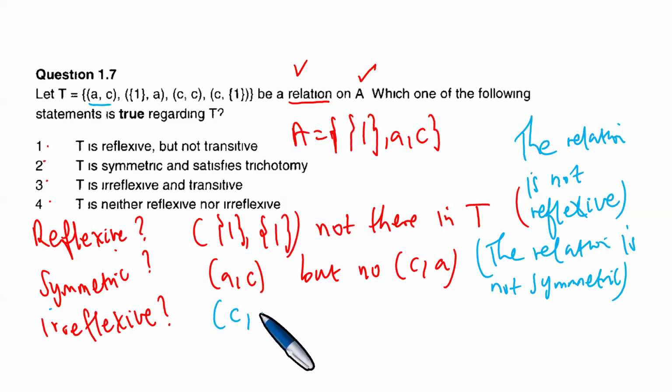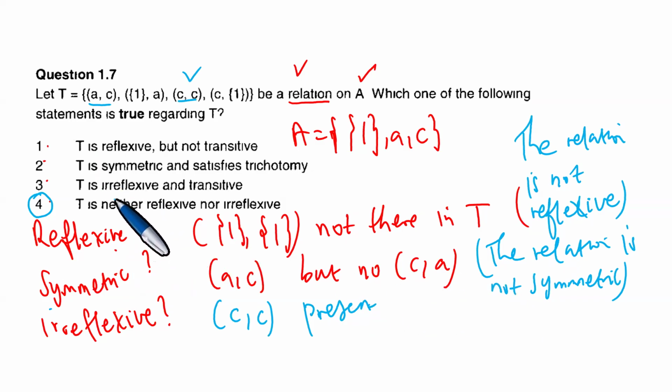We can see that CC is present in the relation T. Therefore, the correct option will have to be option 4, which says T is neither reflexive nor irreflexive. The first one says it is reflexive, but surely it is not. The second one says it is symmetric, but surely it is not.